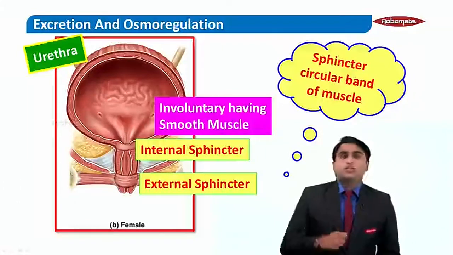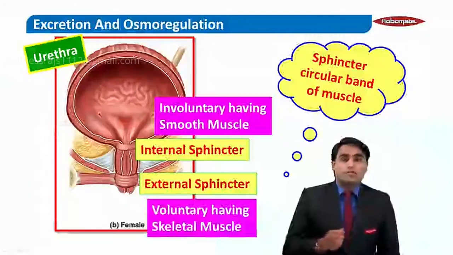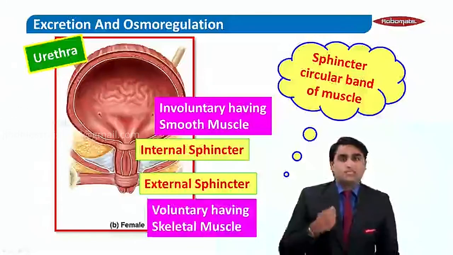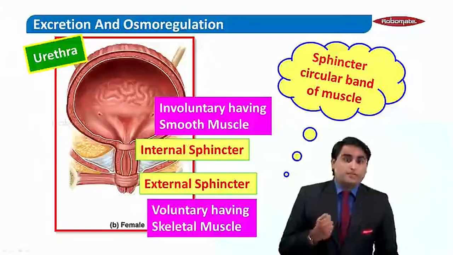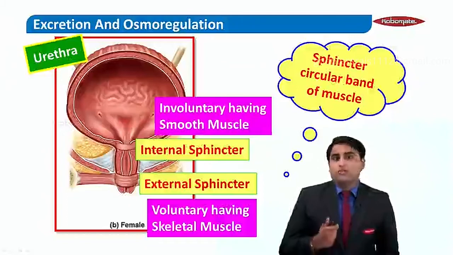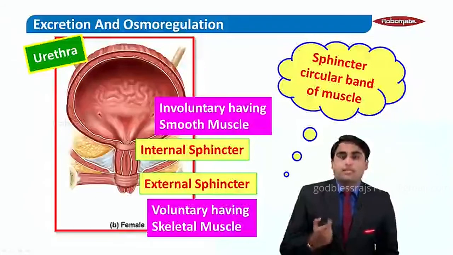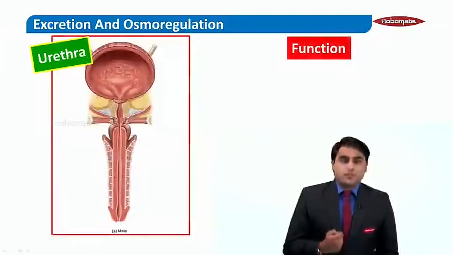In contrast, the external sphincter is made up of voluntary skeletal muscle. So the external sphincter is under our control. That's why whenever we have an urge of urination, you can control or hold it using this external sphincter.